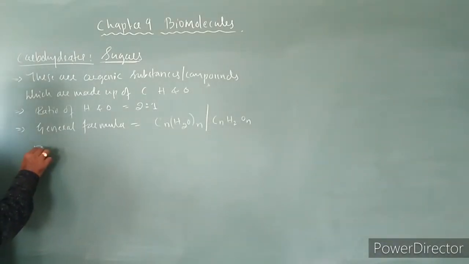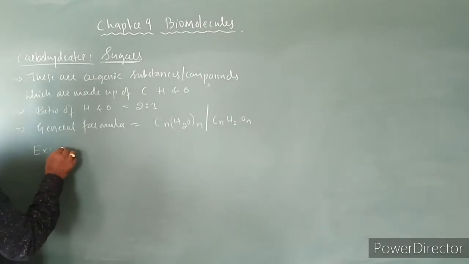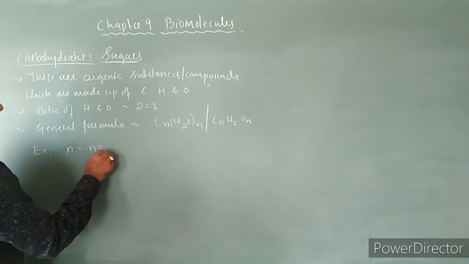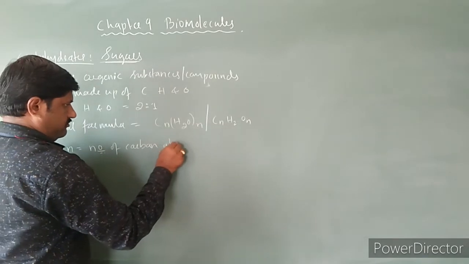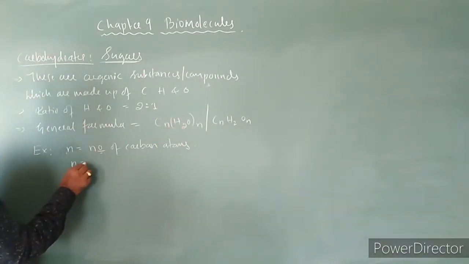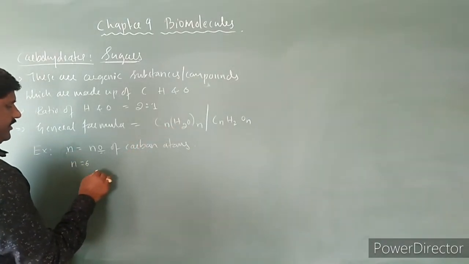For example, if you take this as the general formula, n is equal to the number of carbon atoms. If n equals 6, then what would be the product that we get over here?